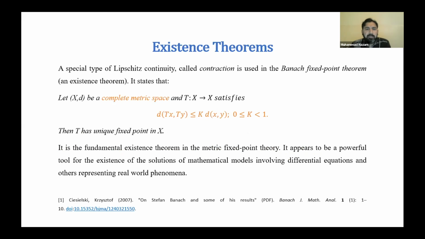Now, after the Lipschitz continuity condition, we can go to the Banach fixed point theorem. It is just a little modification. If we restrict the k between 0 and 1 in the Lipschitz continuity condition, then we change the name from Lipschitz continuity to the contraction. So a Lipschitz continuous condition will be a contraction if the constant k is restricted between 0 and 1.